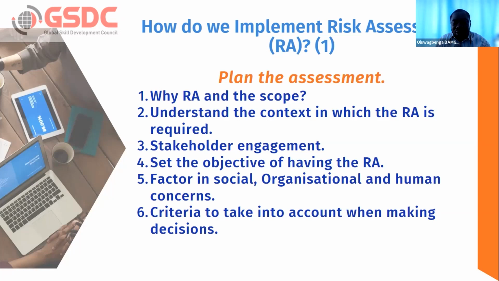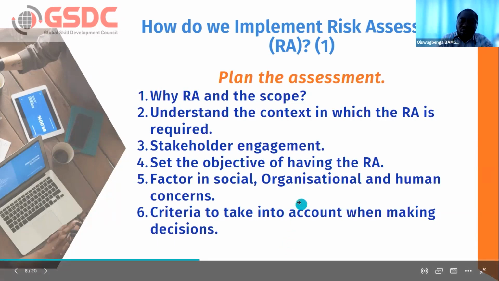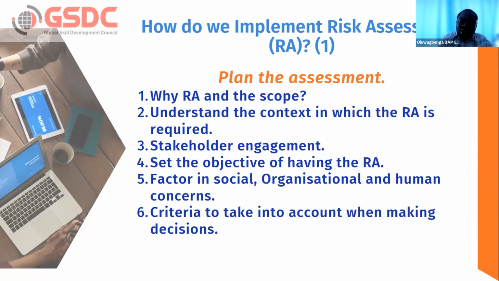Is it around cost? Is it around downtime? Is it around efficiency? Or is it around measurement of possible efficiency indices that you've designed for the system? So you have that done when you are trying to implement the risk assessment techniques under the plan, the assessments.